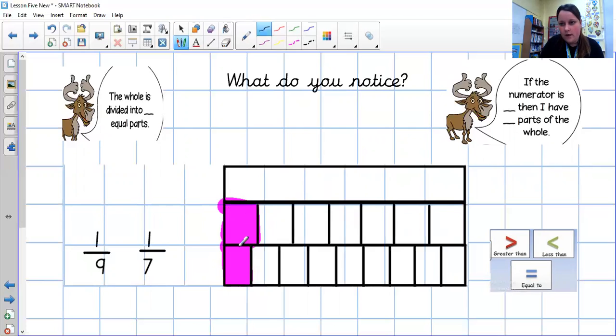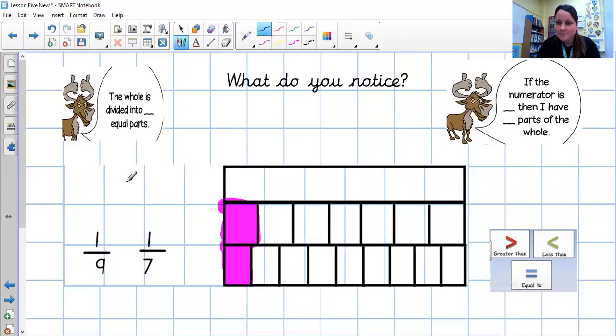So I've shaded in 1 out of those 7 equal parts. In the second example, I've split my same whole, this time into 9 equal parts. 1, 2, 3, 4, 5, 6, 7, 8, 9. And this time, again, I'm interested in 1 of those equal parts, as my numerator is 1. So I've shaded in 1 out of 9 equal parts. So I've got 1/7 and 1/9.